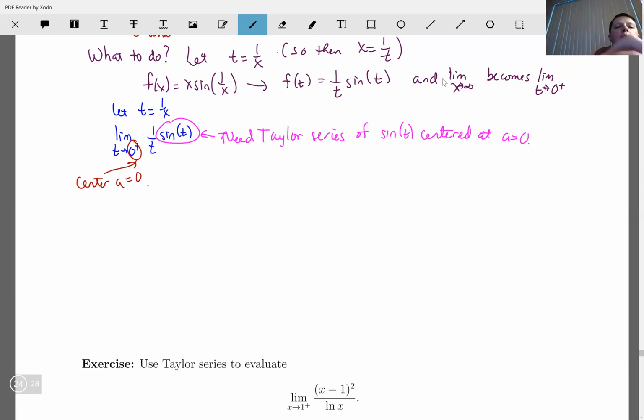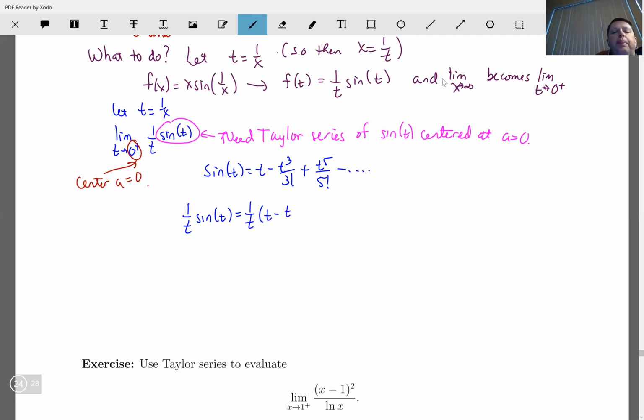Okay, so we know that one. That's one of them we were supposed to memorize. We know that sine of t is going to be t minus t cubed over 3 factorial plus t to the 5th over 5 factorial, and so on. So 1 over t sine of t is going to be 1 over t times that, which is going to be 1 minus t squared over 3 factorial plus t to the 4th over 5 factorial, and so on.